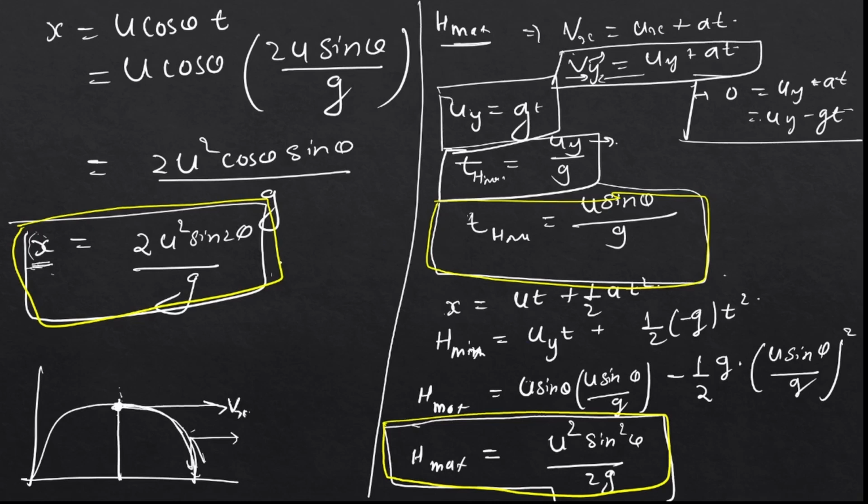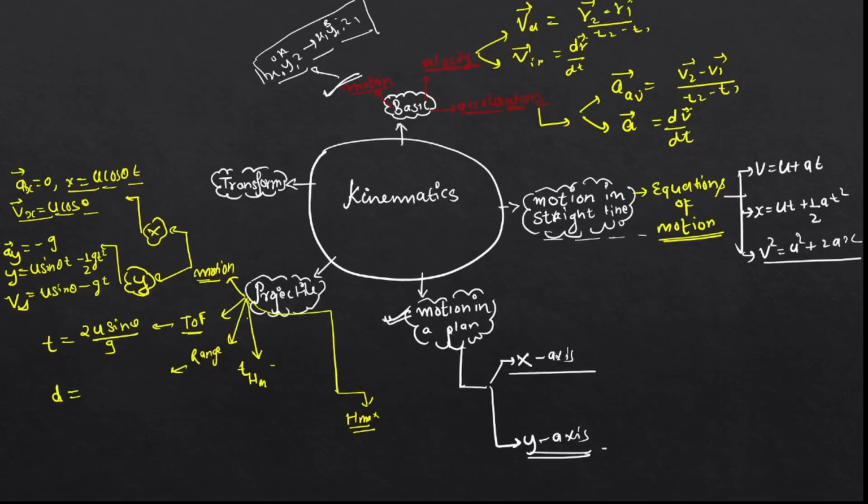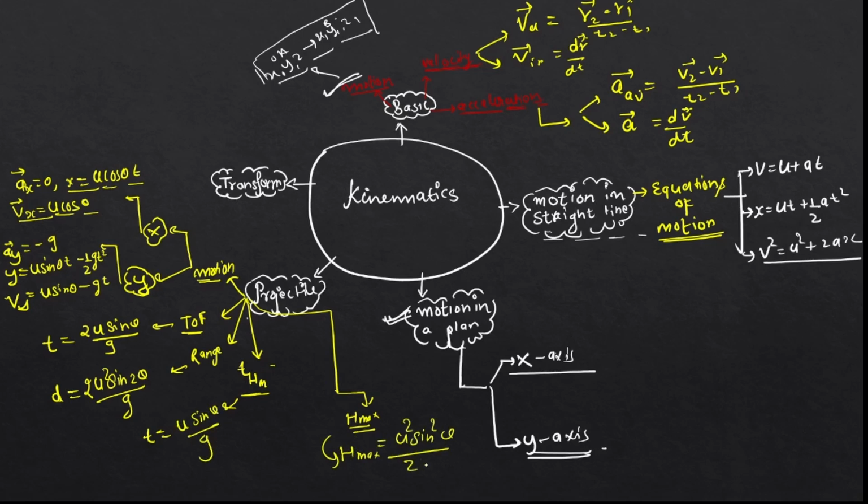This was our range, 2u square sine 2 theta upon g, right? And the maximum height was u square sine square theta upon 2g.